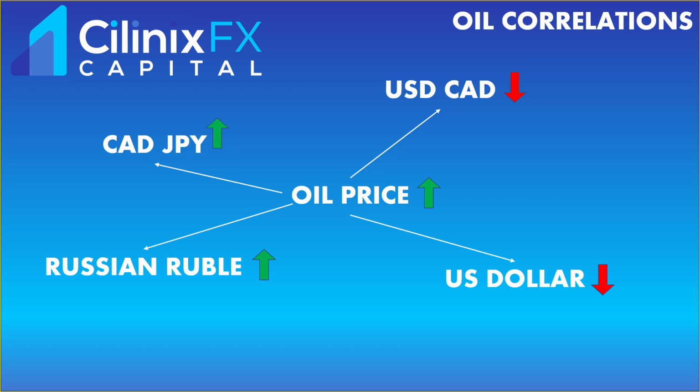Then we also have the positive correlation between the oil price and the Russian currency, the Russian ruble. This is basically because Russia produces and sells a lot of oil, so when the price goes up, they receive more for their oil.